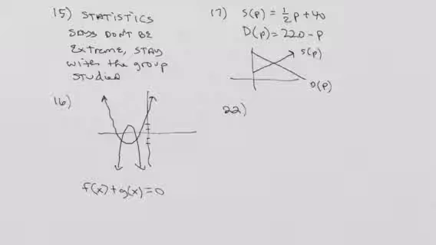Problem 15, it's a statistics problem. I talked to you about statistics a little bit. Don't ever select an extreme answer, like something's the best or something will never happen, because that's not what statistics does, and you have to stay within the group that you've studied.